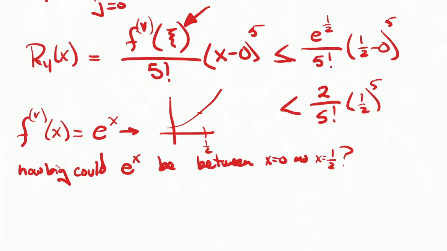So 16 times 120 is 1920. So that is 1 over 1920, which is approximately 0.0005.